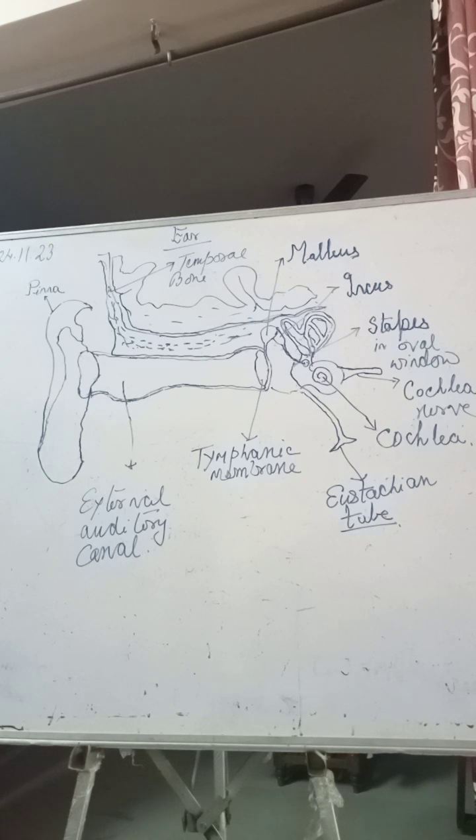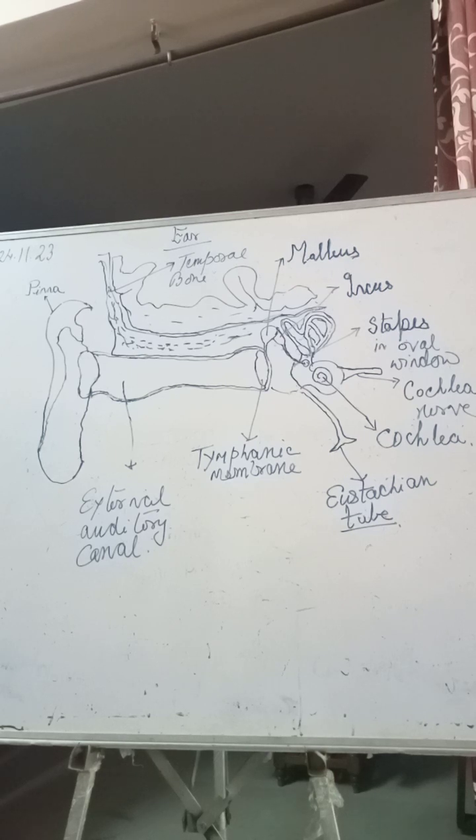And now, how does the mechanism of hearing take place? So this is very simple. You are all remembering that the pinna has collected vibrations from the air, and now the vibrations are being carried to the eardrum, that is the tympanic membrane, through the external auditory canal, as you see in the diagram.